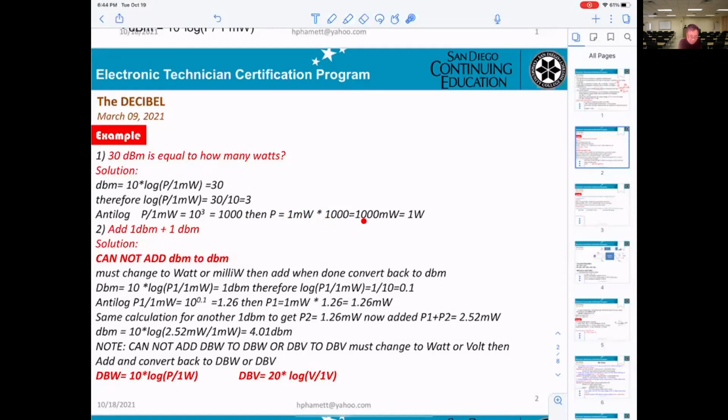That gives you 1,000 milliwatt or 1 watt. Any question on that one? When I use the formula, I can put P in milliwatt or watt, it doesn't matter. Now the answer will be 1,000 milliwatt. If you want to convert into watt, you have to divide by 1,000. However, dBm deals with milliwatt, not the watt.